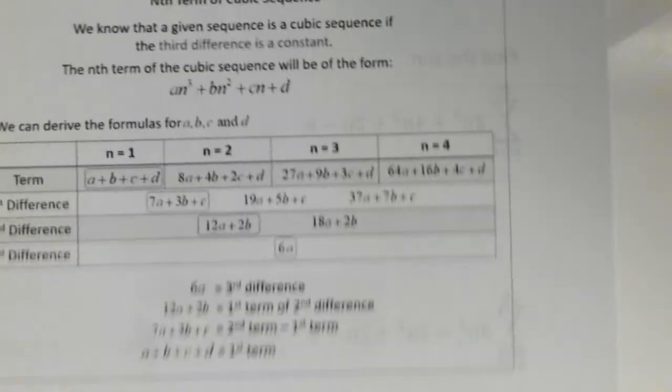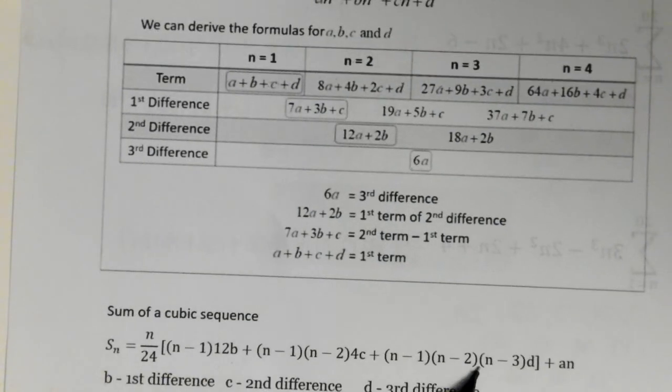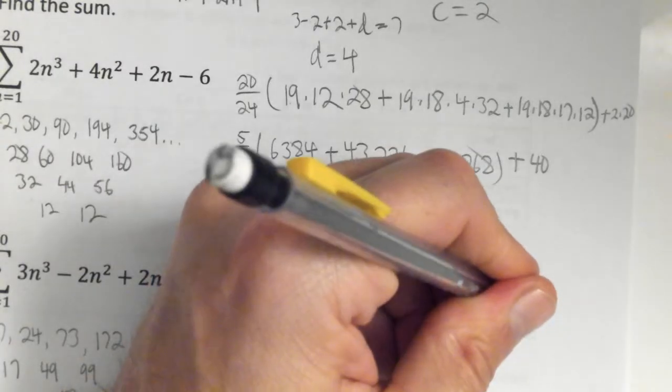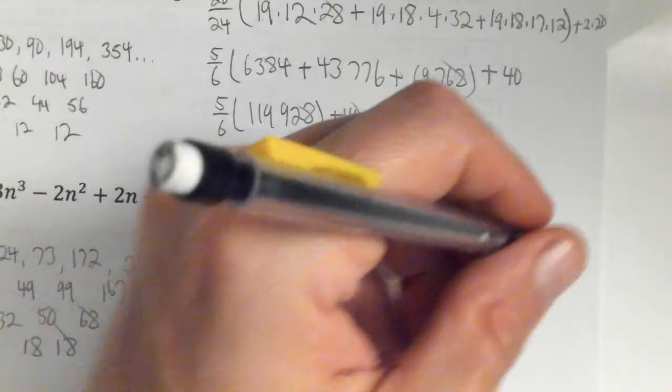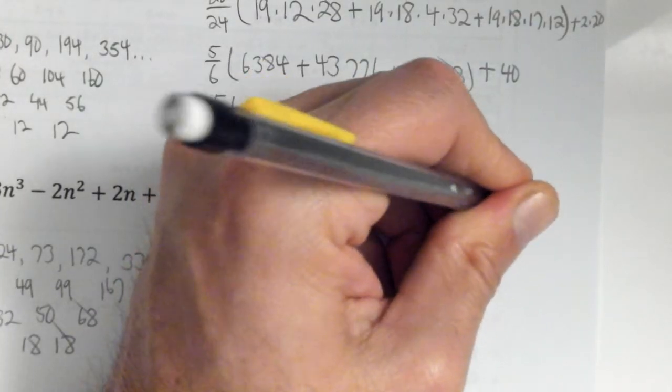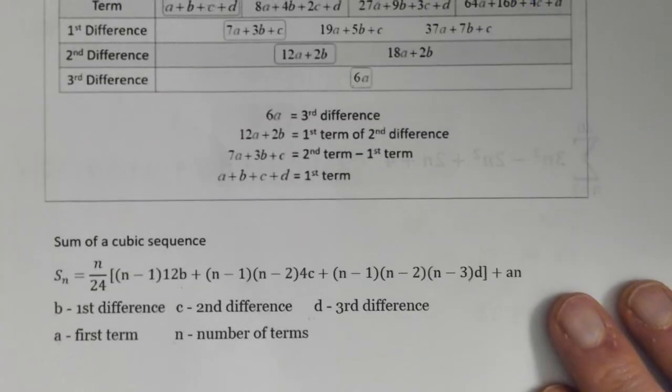What other kind of action we got in here? Let's see. Then D is the third difference, so we have to multiply that now times the third difference, which is my constant difference, 18. So I'm going to multiply that times 18. And so now don't forget, you got plus AN.